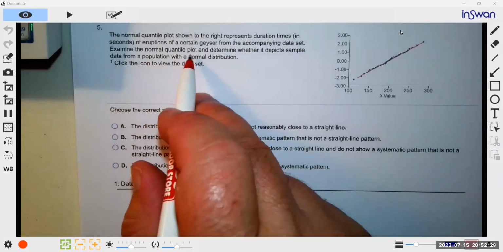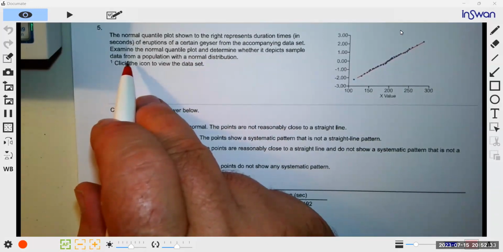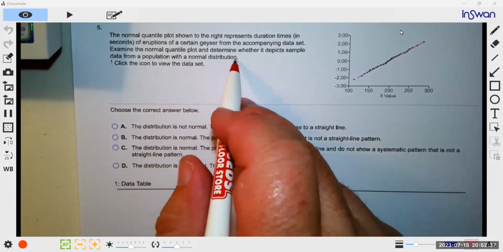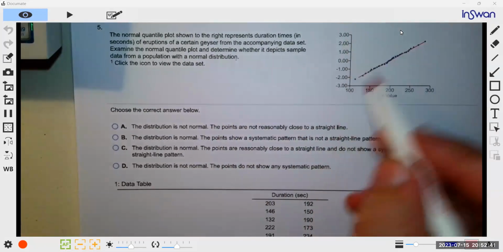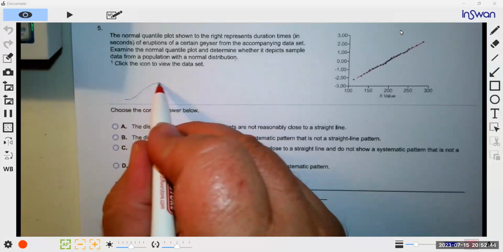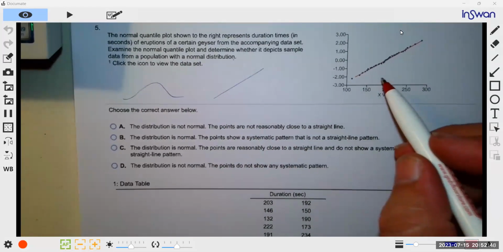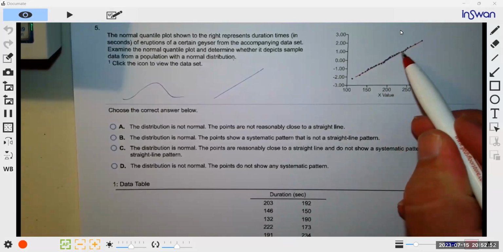Examine the normal quantile plot and determine whether it depicts sample data from a population with a normal distribution. Remember, if it's a normal distribution in this kind of graph, this means this. So if we look at this graph, we see there's some on top, some below.